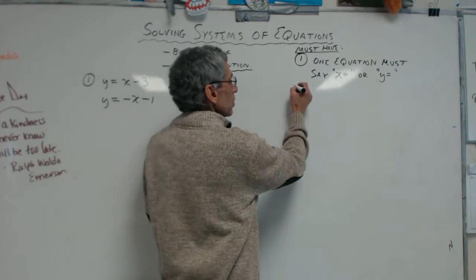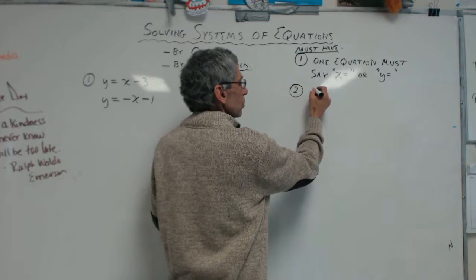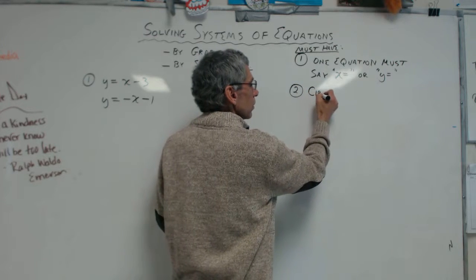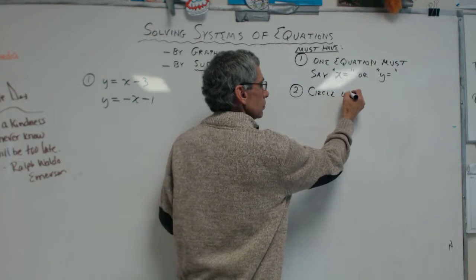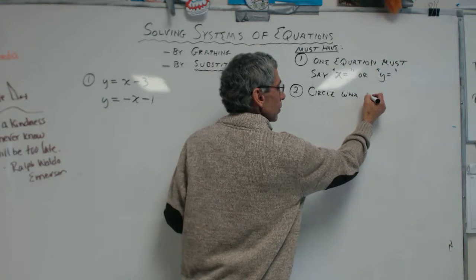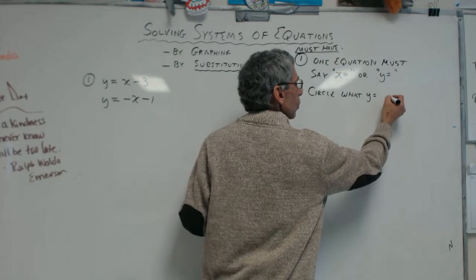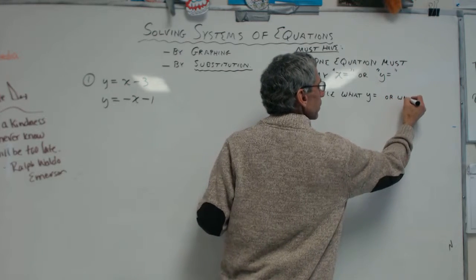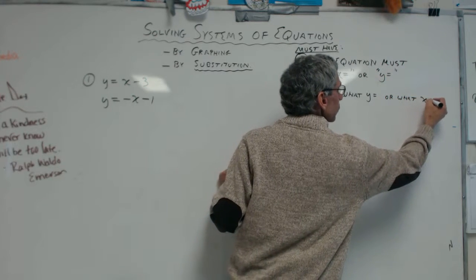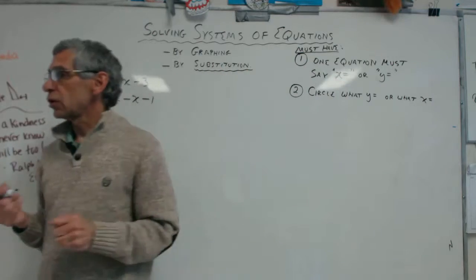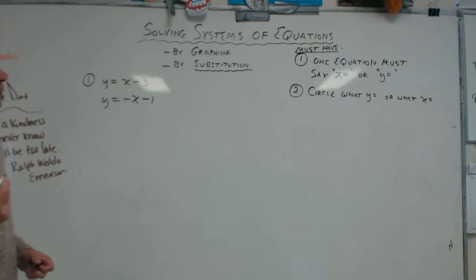Number 2, the second thing you do is you circle what y equals or what x equals. You circle it.